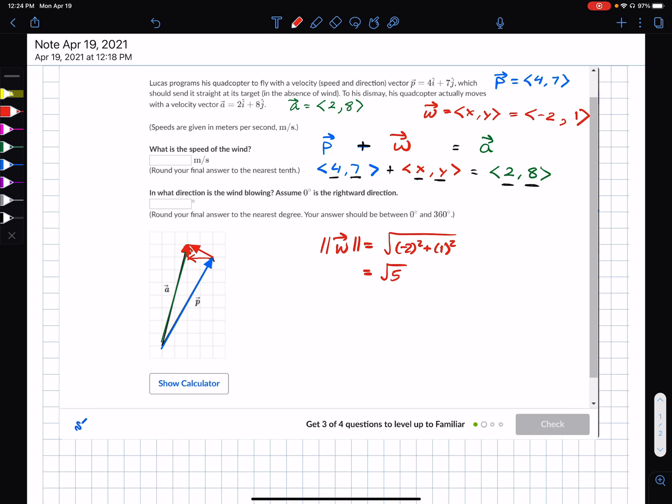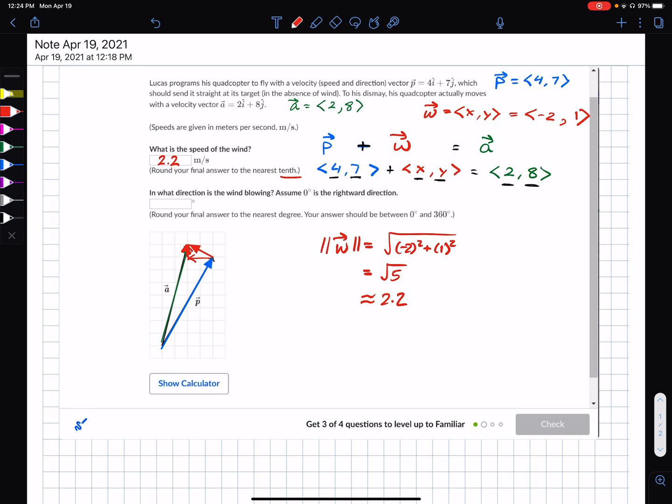To the nearest tenth, I'm going to double check this, it should be like 2.1 or something. Oh, no, 2.2. So the speed of the wind is 2.2 meters per second.